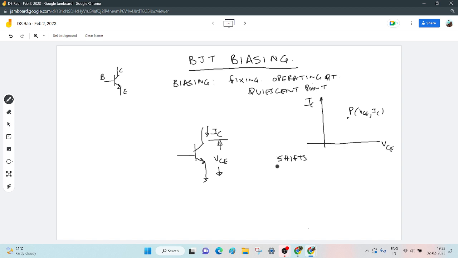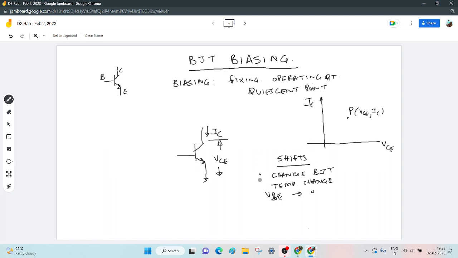It shifts because of change of one transistor to another transistor, because the transistor has got damaged, or change of the transistor. Temperature change also will change the operating point, and the base emitter voltage VBE also will influence the operating point.